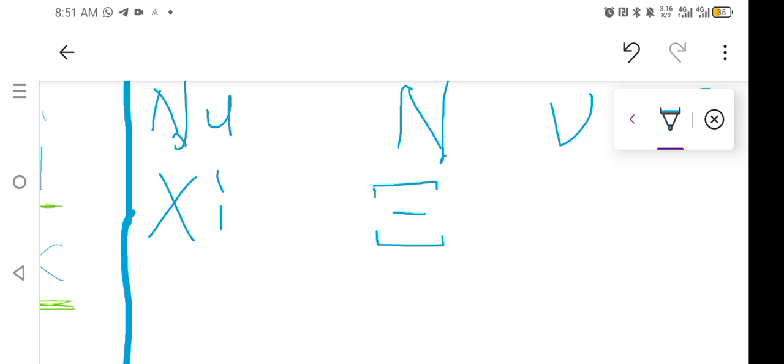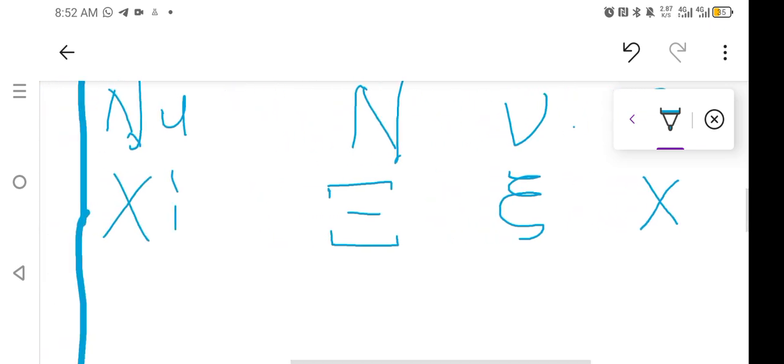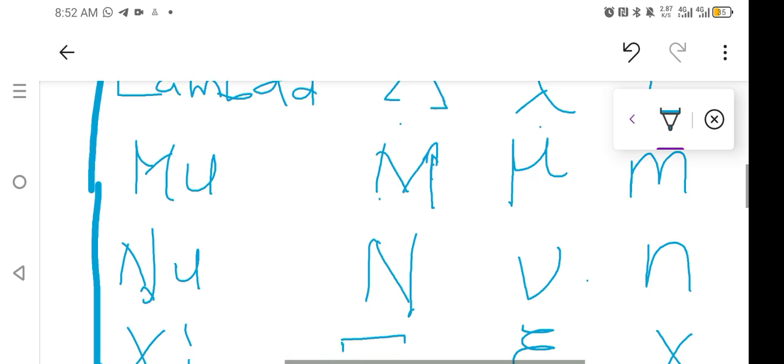So that is the uppercase. The lowercase, we say it is something like this, bigger, and then the curve underneath. And we say it is equivalent to the English letter X. All right. So that is our next letter.